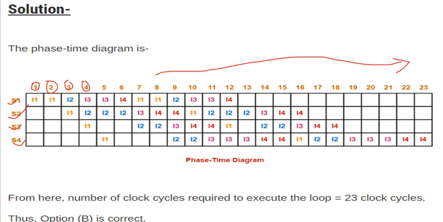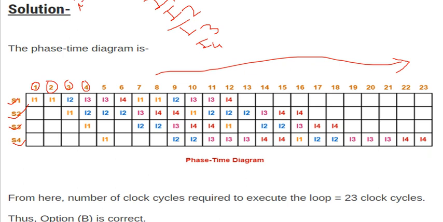So what will happen? First of all we have to run I1, then I2, I3 and I4. We will try to run these instructions in the pipeline first for I equal to 1.